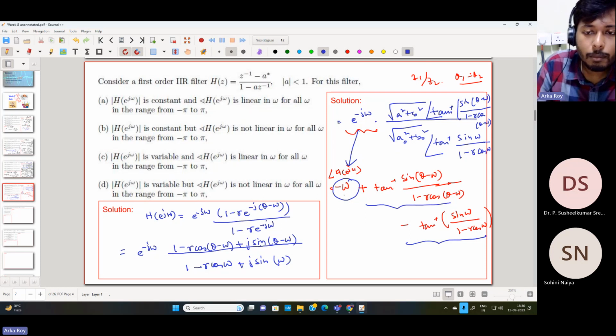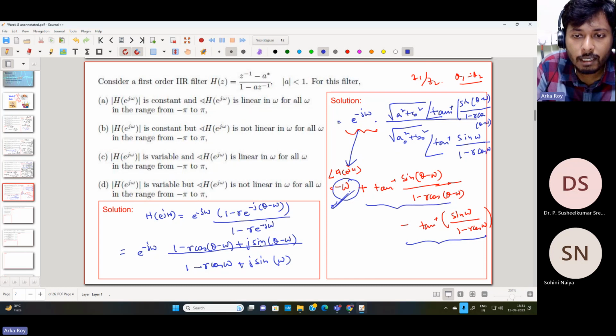If it had been only the minus omega part, we could have said that this relation is a linear relation, which is quite needed in case of filtering. We quite often require something of finite length. However, because it's an IIR filter, we cannot ensure finite length, but the phase relation should be a linear phase.